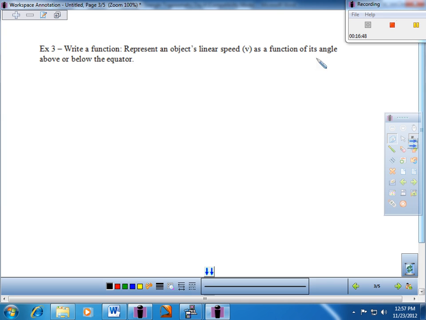Now, I would encourage you, I don't have the board handy to go back and forth, although I suppose I can do that. But you have your paper there. Look at what we did for example 2, and then think about how that's going to help us figure out example 3 here. Well, let's start it out, everyone. I think we all know this to be the case. V equals RW. Now, what we've already talked about, of course, is W is going to be pi over 12 radians per hour.